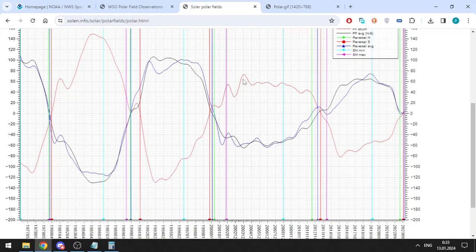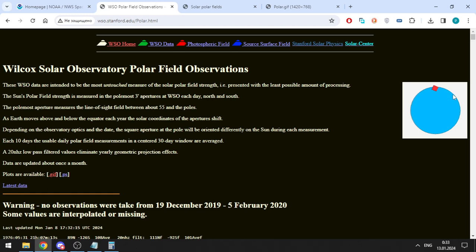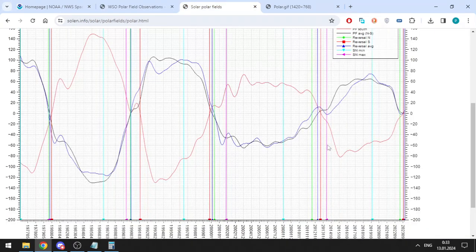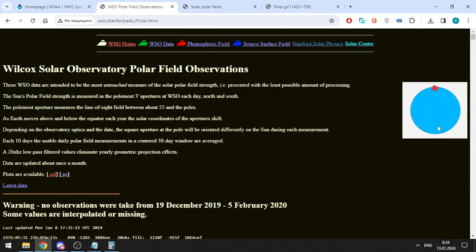And vice versa, the red line is showing where the lines enter the sun, or rather how many lines enter the sun in these polar areas. If a lot of lines enter the sun in the south, we get this, right? The red is highly negative, so to speak. When there are basically no lines entering the sun, I'm sorry, in the south, we get zero of the red line.